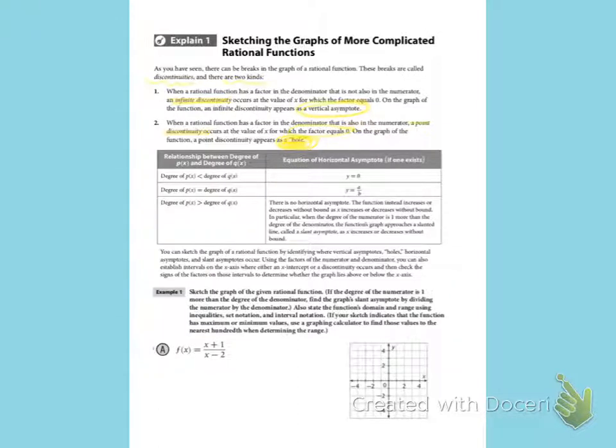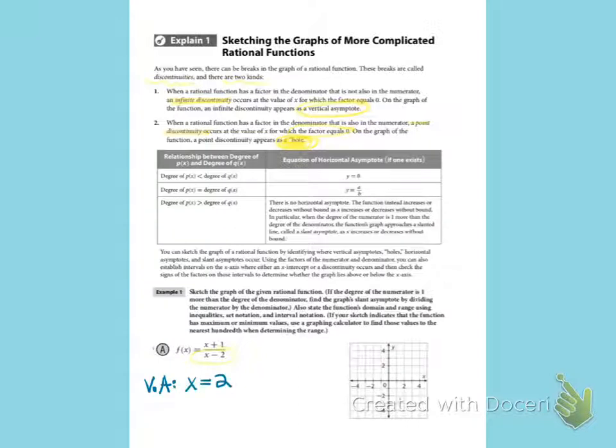So the first thing that I always look for are the vertical asymptotes. As we've seen in our previous examples, if we're going to have vertical asymptotes, they come from some value that makes the denominator 0. When I look at this denominator, I can tell that there is going to be an undefined spot when x equals 2.